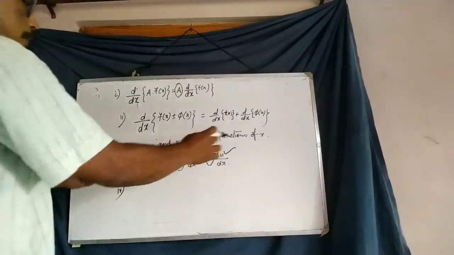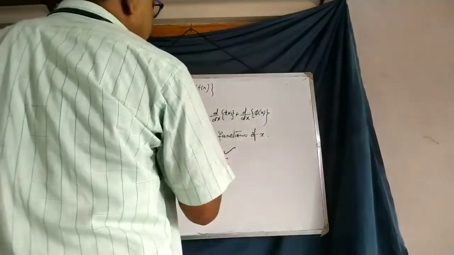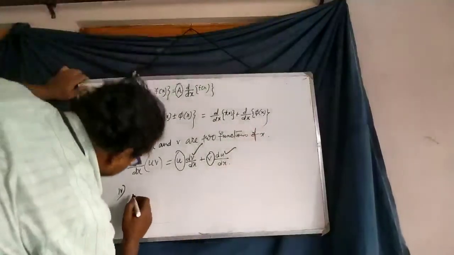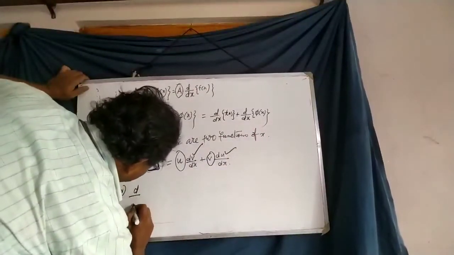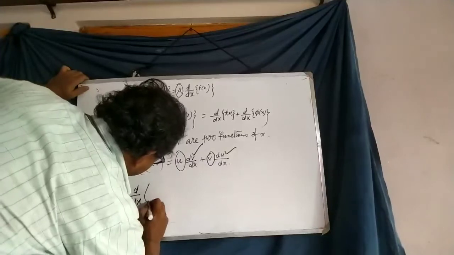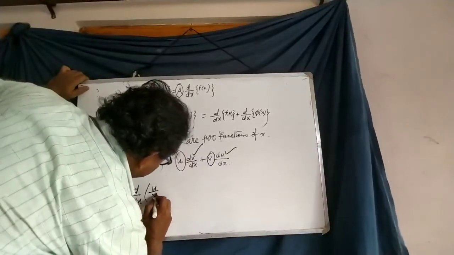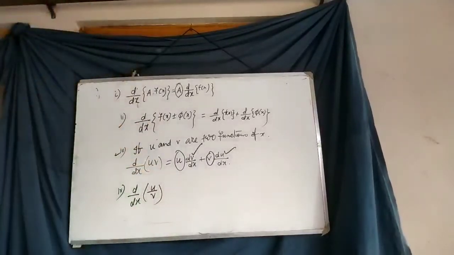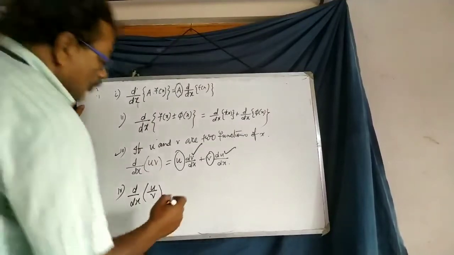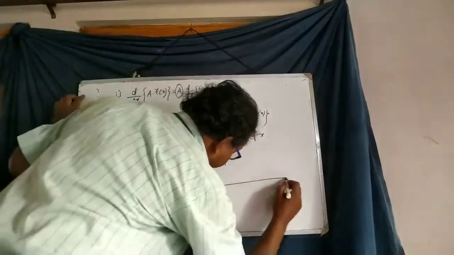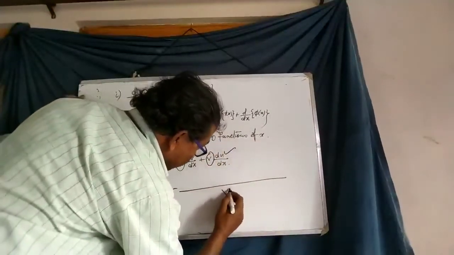Same statement here: u and v are the two functions of x, then the derivative of their division, that means d/dx of u by v. What is the value of u by v? In the denominator, v square.